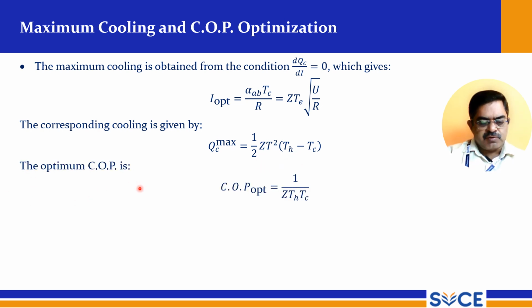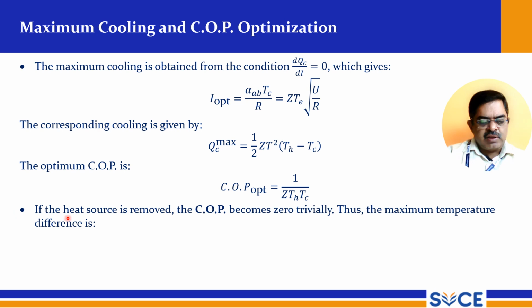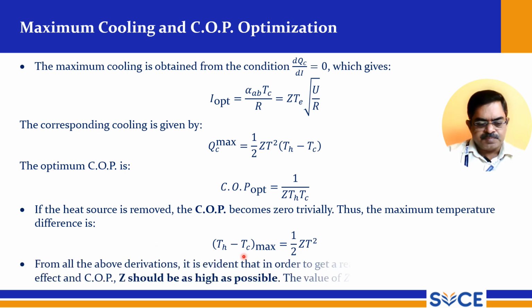The optimum COP is COP optimum equal to 1 by ZTH into TC. If the heat source is removed, the COP becomes 0 trivially. Thus the maximum temperature difference is TH minus TC max equal to half ZT square.